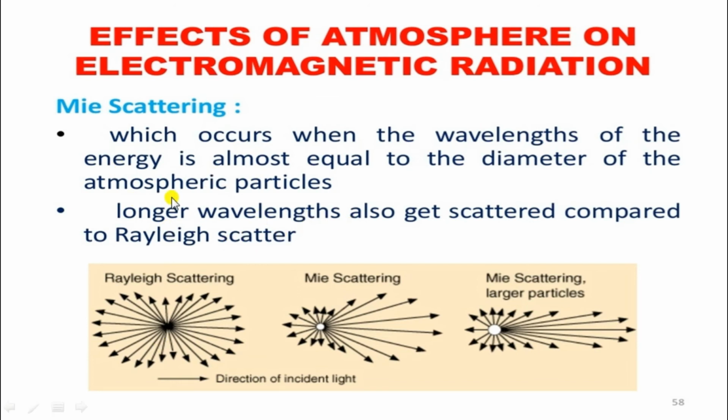That type of scattering occurs when the wavelength and the diameter of the particle are the same. Longer wavelengths also get scattered compared to Rayleigh scattering.